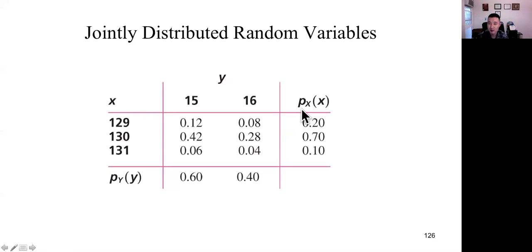For example, Pxx here equal to 0.2 means, when X is equal to 129, we add the probability for all the possible Y, which is 15 and 16. So for X equal to 129, this is the probability for Y equal to 15 and Y equal to 16 added together. So 0.2 is equal to 0.12 plus 0.08.